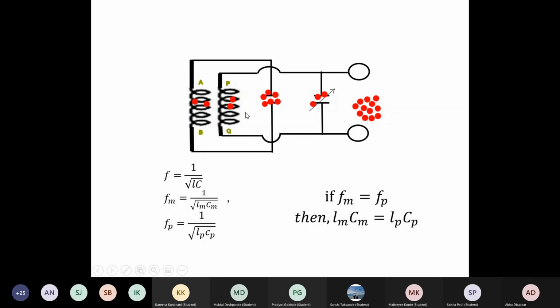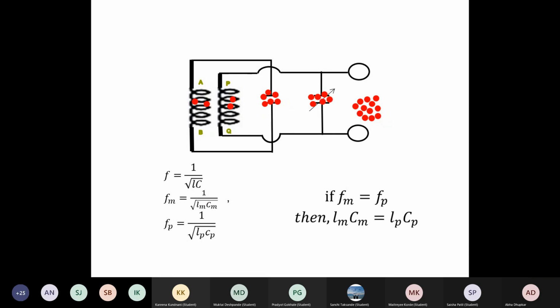So 2 times 6 is 12. Do we have that same thing over here? No, ma'am. Right? Therefore, the variable capacitor, this blinking part, is adding extra capacitance in order to equalize the product between the two circuits.